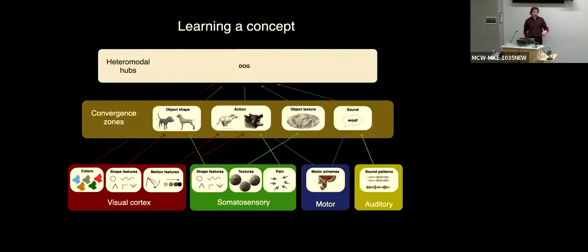As the child experiences a dog for the first time, and they hear someone calling it a dog, they process this set of features that occur together: the dog shape, the dog texture, the dog size, and they associate that set of features with the word that they're hearing. And then later on, when they hear the word, they can reactivate those features.